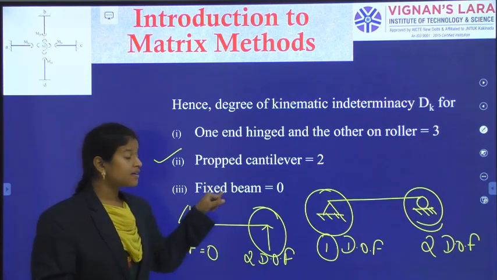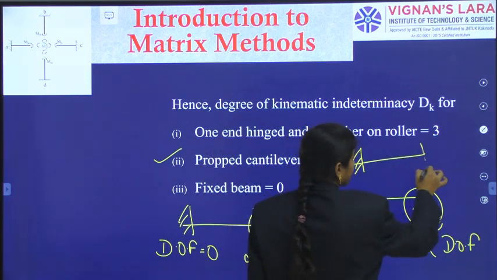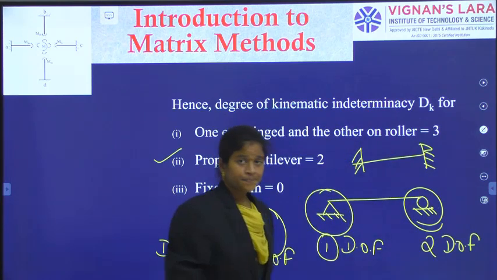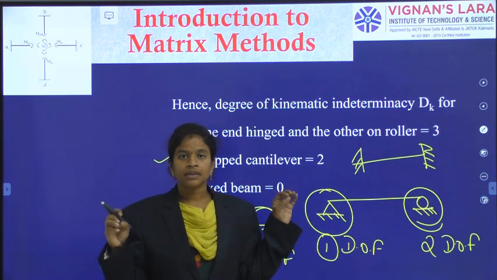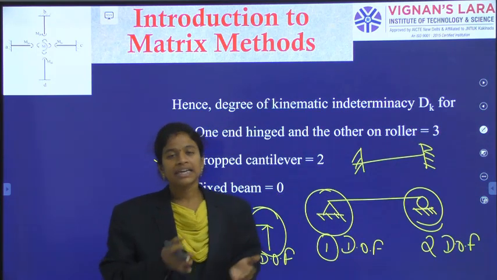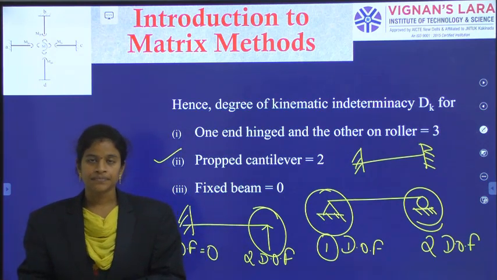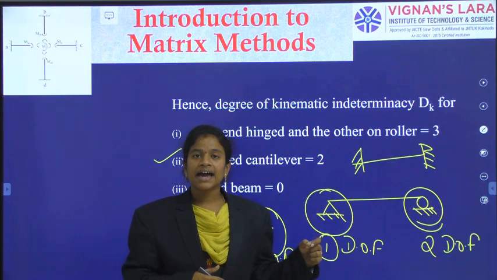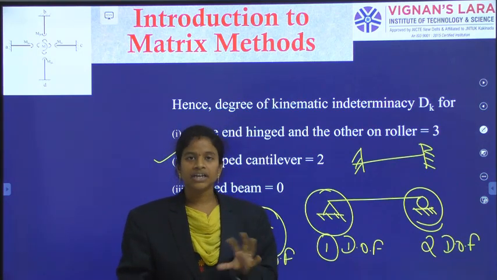And then for the fixed beam, as the fixed beam is having both ends fixed, at the left end there is no freedom for the member. How many ways is it having freedom? That is the degrees of freedom. By another name, I am calling it the degree of kinematic indeterminacy. If it is having the freedom to rotate, in that way I need to calculate the rotation.